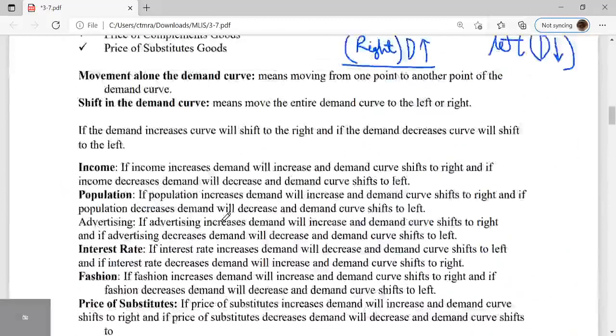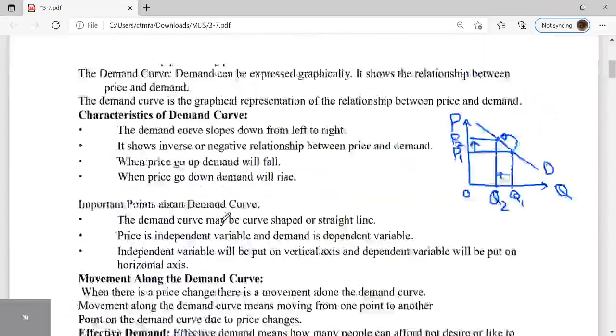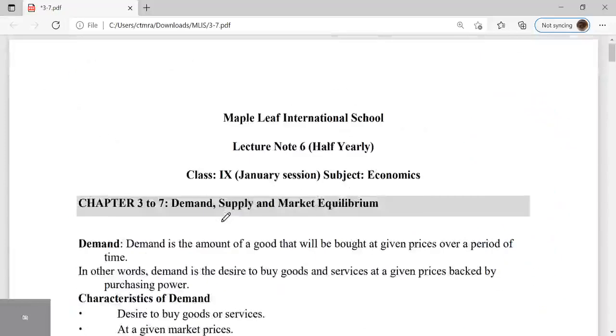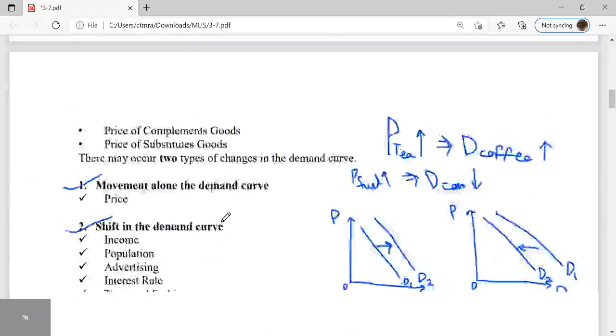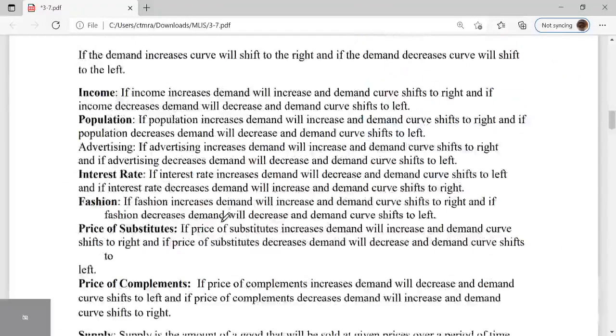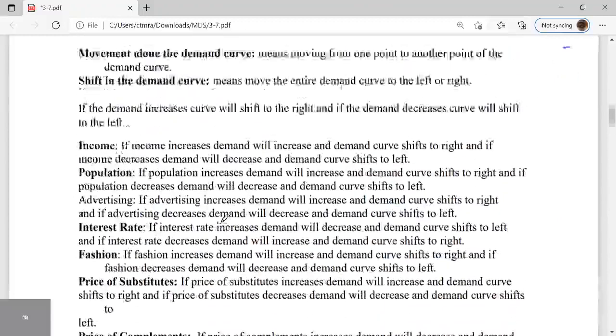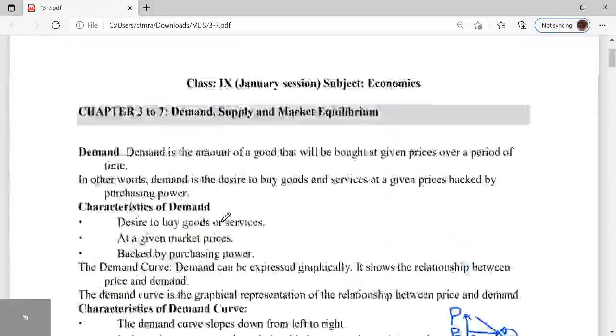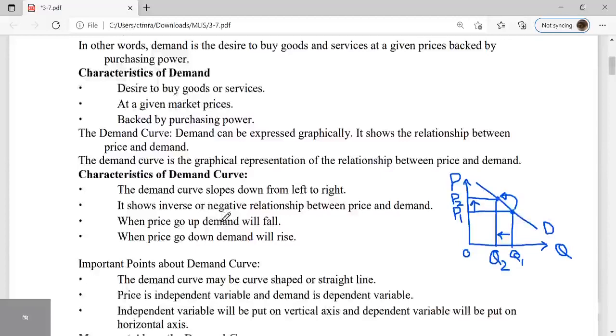Go through this topic and let me know if you're facing any problem. The next chapter is about supply, a totally new topic. You should go through all the activities in the book. They should be solved because there are lots of tricky questions there, or if you think I can solve them in the class as well.